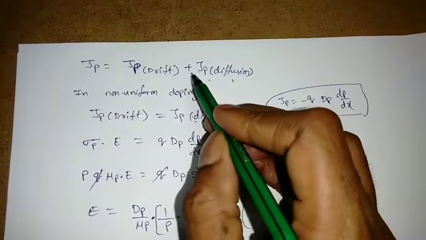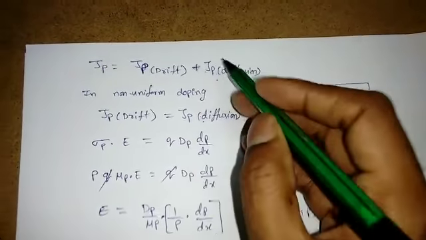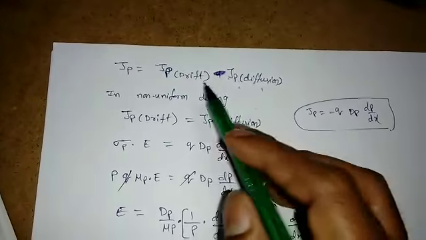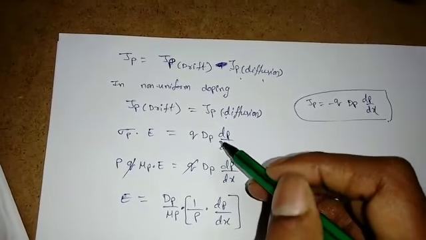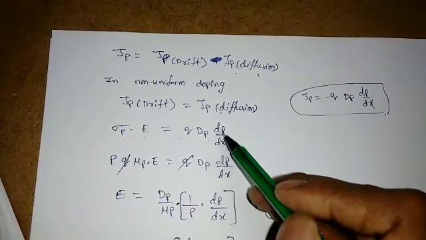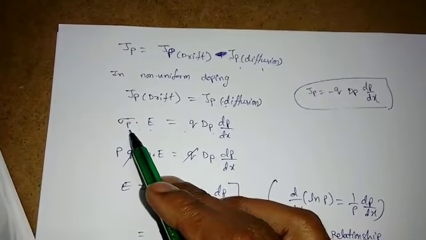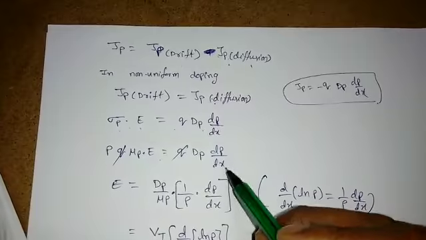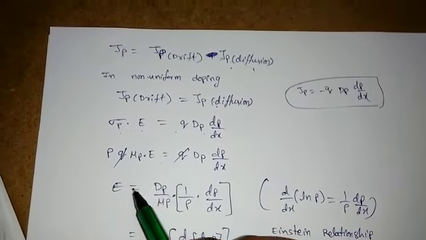So actually this was minus, it should be minus, then it will be equal, so it will be cancelled. Now what is Jp drift? Sigma p into E is equal to q into dp by dx. So for sigma, I can replace p q mu p into E is equal to q into dp by dx. Q can be cancelled. So what is E?